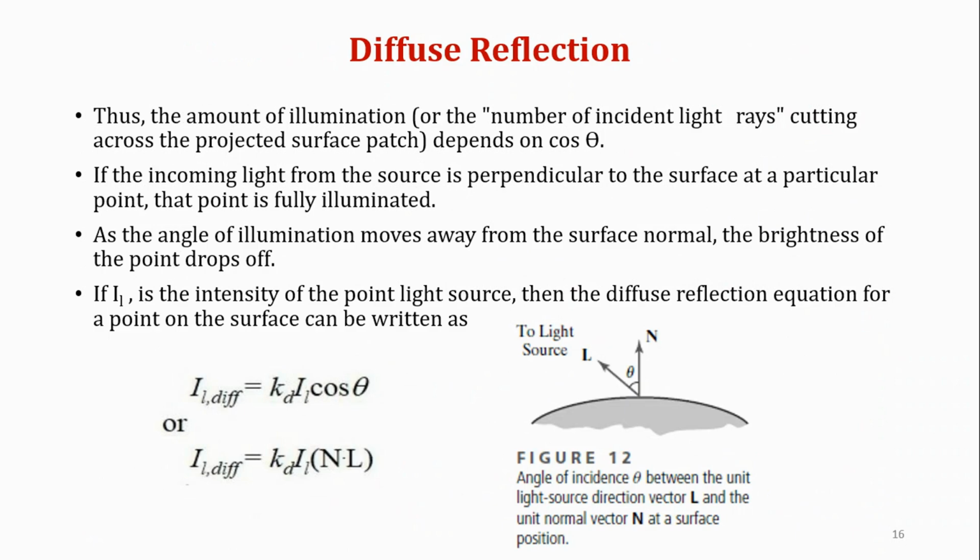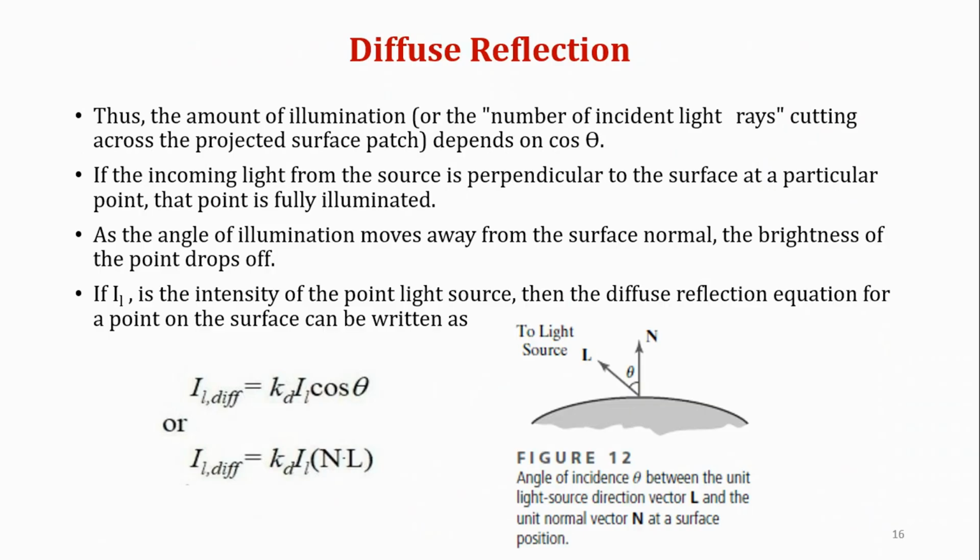The resulting intensity depends on the ambient coefficient, the diffuse coefficient, the light intensity I, and the angle of incidence theta. Based on that, the intensity differs. This combination forms the basis of many graphics rendering systems.